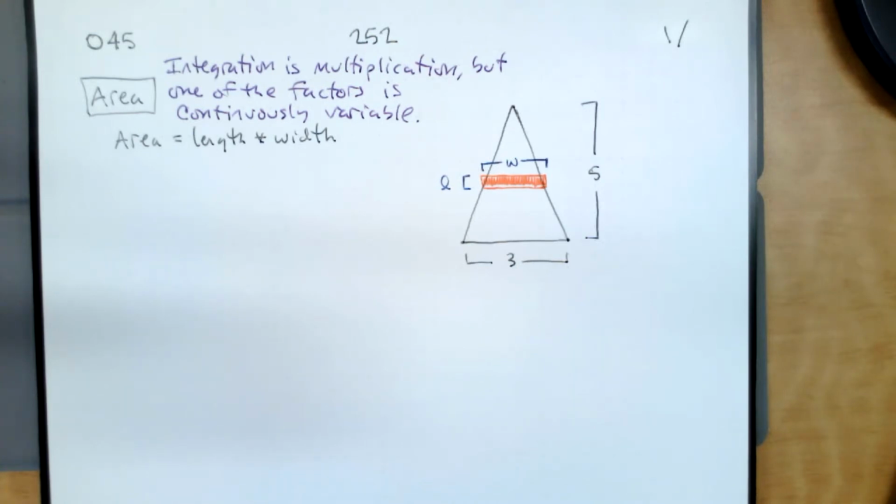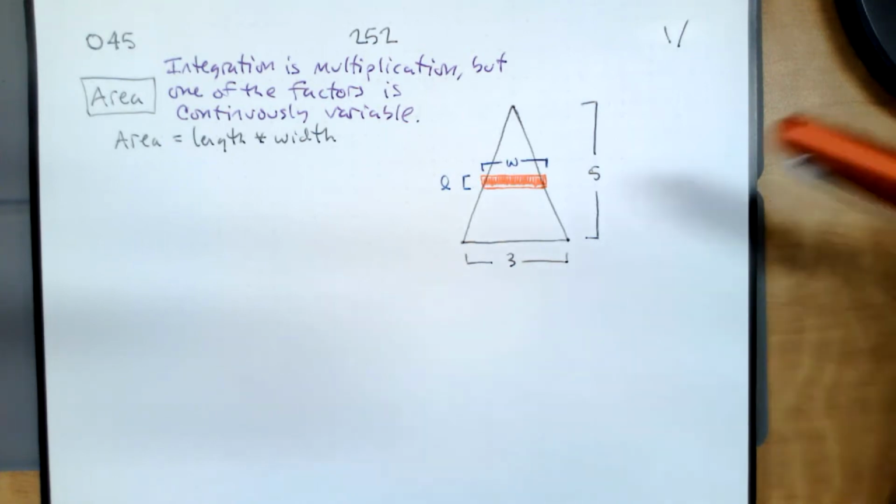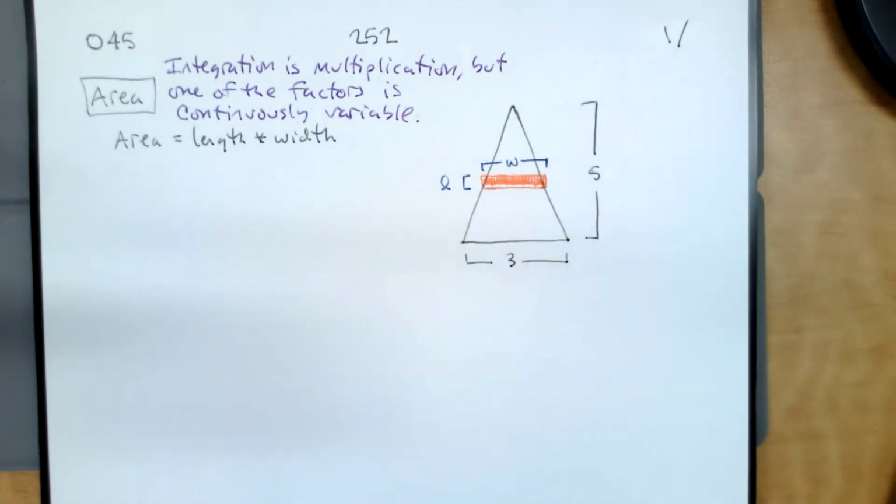The stack of rectangles, they're not that thick. They're actually thinner. The thinner we make each of those rectangles, the more like a triangle this looks. So we're stacking up a bunch of rectangles. The thinner the rectangle, the more the stack of rectangles looks like a triangle.